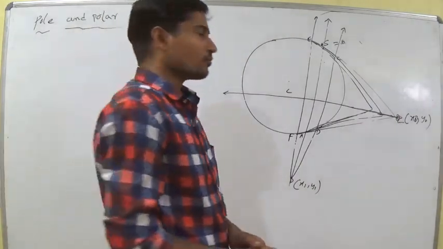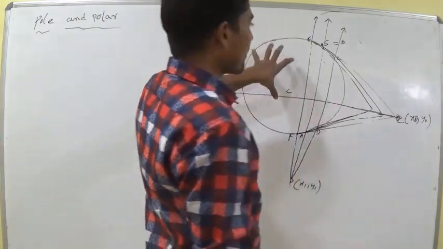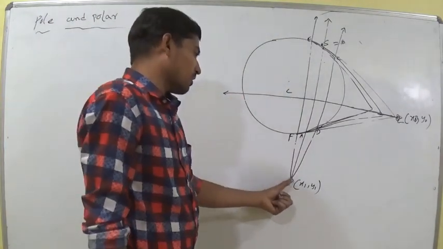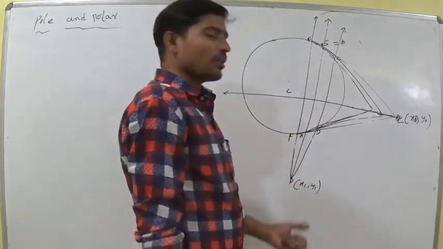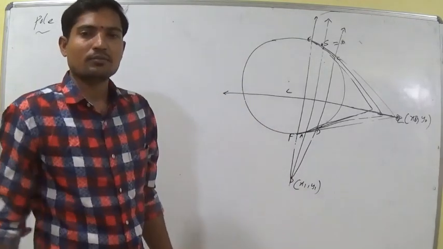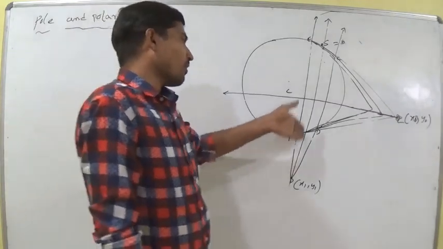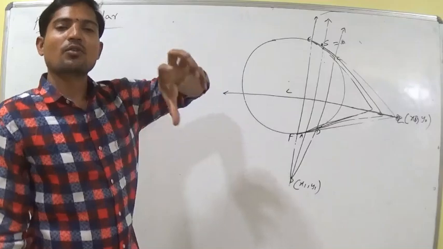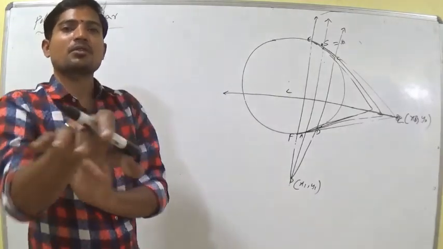Listen again. First of all, I took a circle here, and then I took one point external to the circle, whose coordinates are P(x1, y1). Then I drew a line from P which intersects the circle at two distinct points, which becomes a secant.